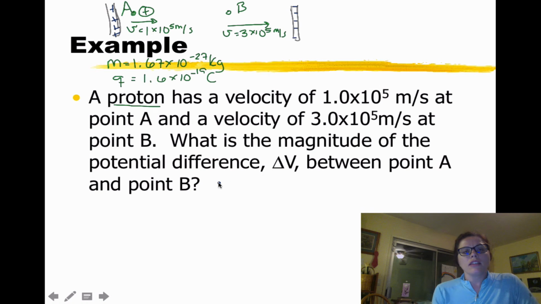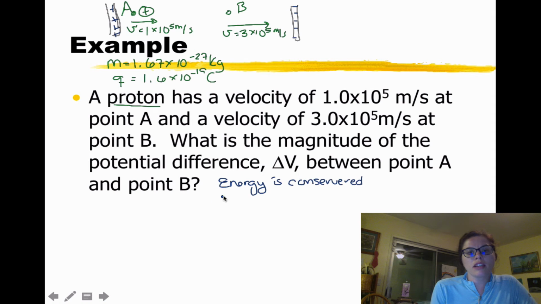Since there are no outside forces, we know that the energy is conserved. Another way of saying conservation of energy is that if the change in electric potential energy goes down, then the change in kinetic energy is positive.